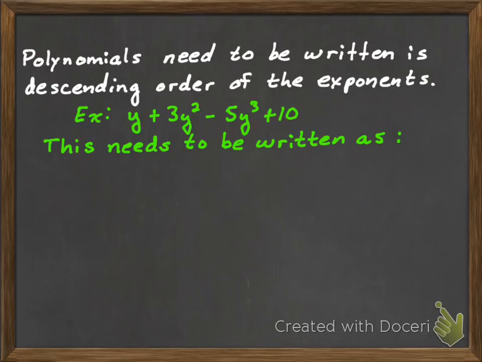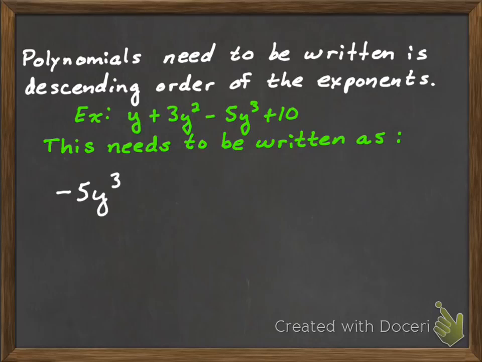Now, polynomials need to be written in descending order of the exponents. Descending meaning going down. So you start with the term that has the largest exponent, which in this example is negative 5y cubed.